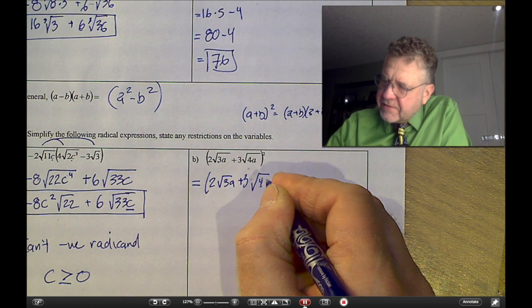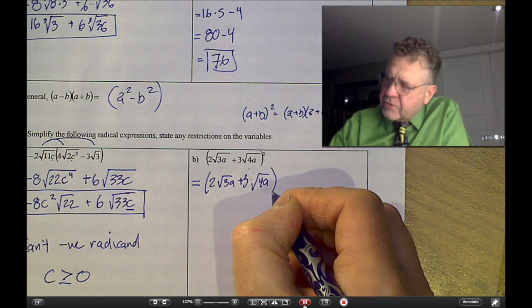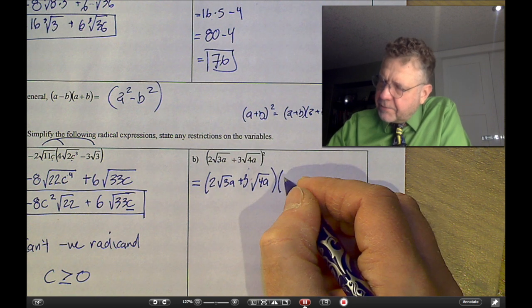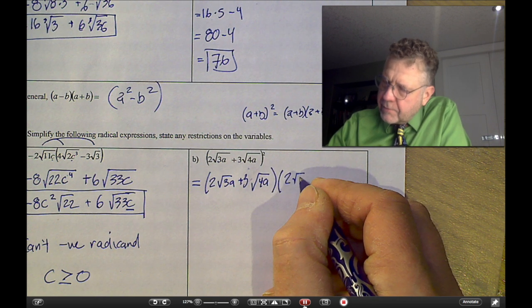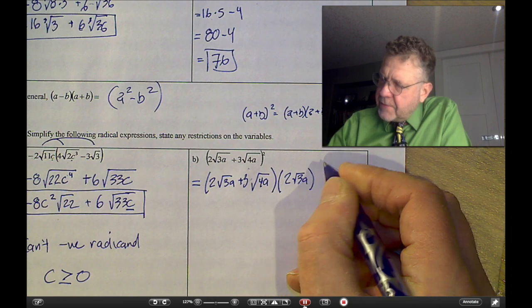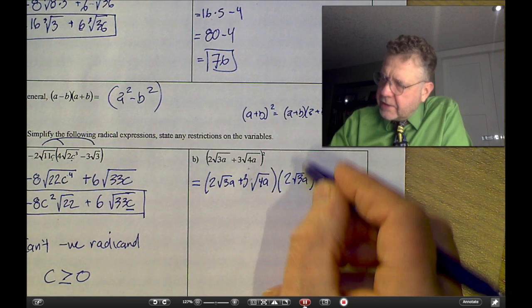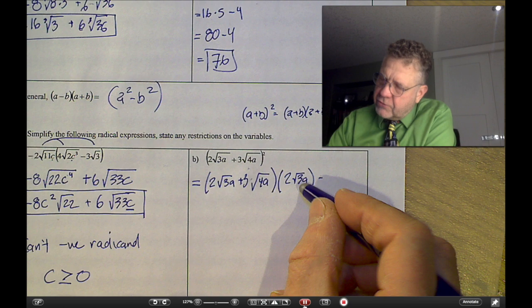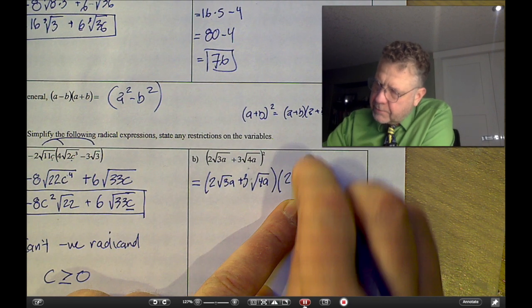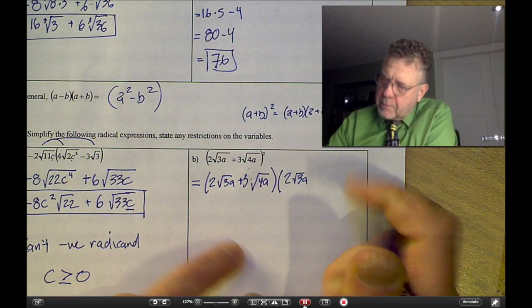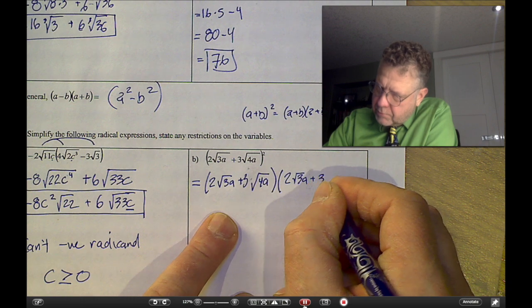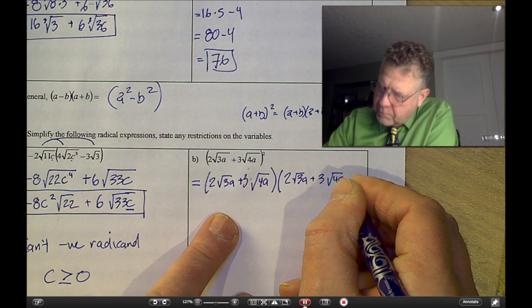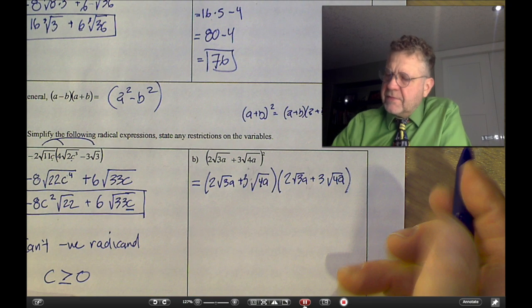I've convinced myself that it is easier to write out the first expanded form. That's good for me. It means more writing for you. Oops, I drew the bracket in the wrong place here. There we go. Right, that's what this squared means.